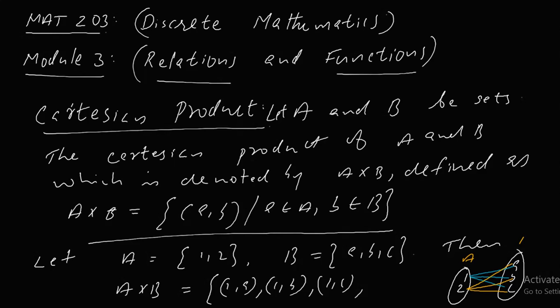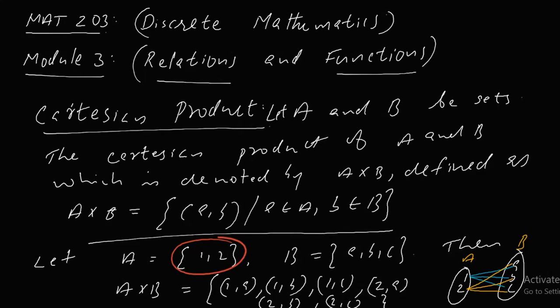So these are the elements of A cross B, the Cartesian product of A and B, and it contains a total of 6 elements. We can use the fundamental principle of counting here.